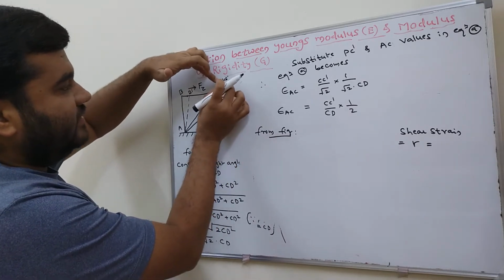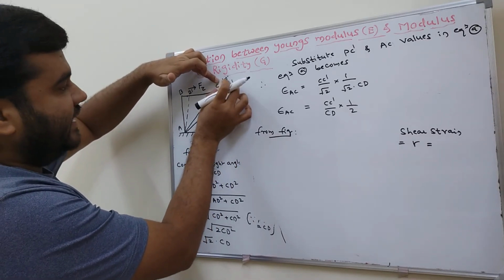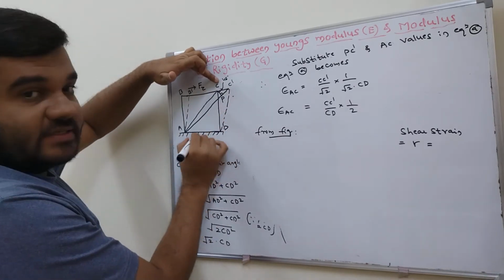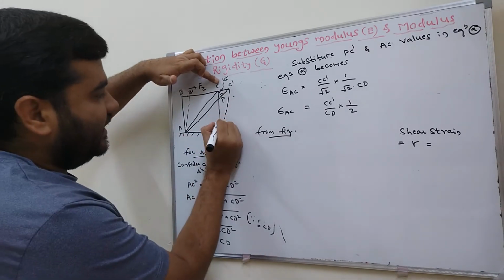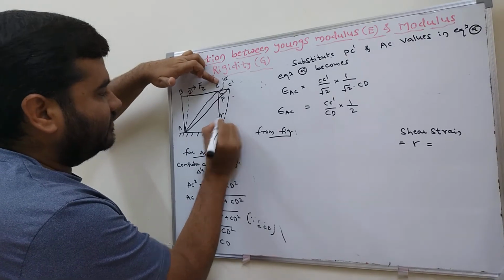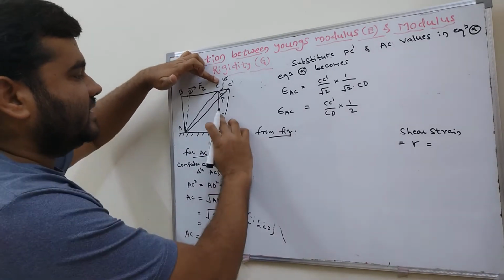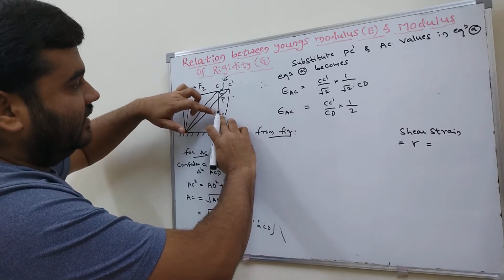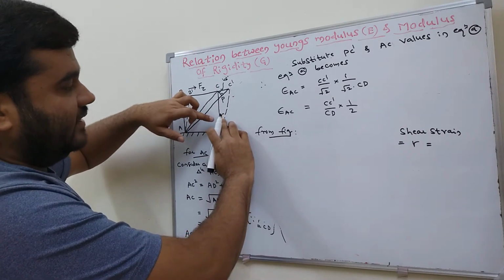Whatever the deformation, C dash or B dash, both are the same with respect to original. AD is constant, it is not changing. So here it will make a certain angle of gamma. This is called shear strain. It means the shear strain is the gamma, this angle.